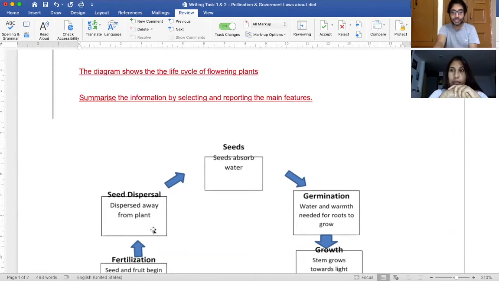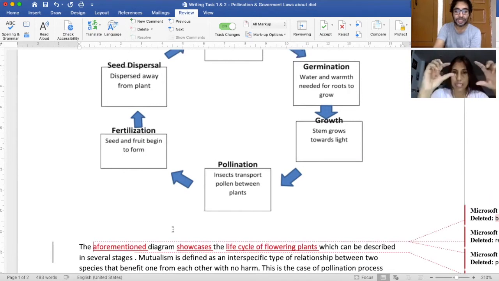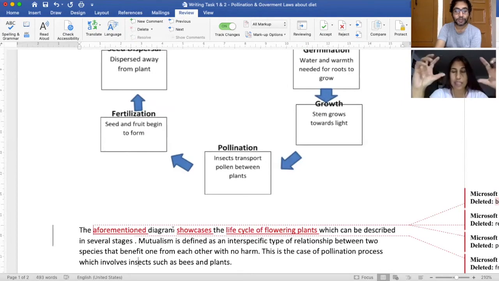Where are the bees here? So, well, not bees, maybe insects. Because I saw insects on the pollination showcase, I thought it was a good idea to put it.